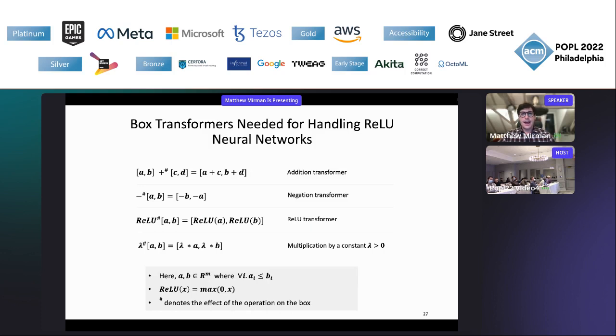Furthermore, it's not a far step to take these and batch them in the way that a neural network does so that we can perform the computation on a GPU. If you're unfamiliar, ReLU of a scalar value is just the max of 0 and that scalar value. And the sharp here denotes the abstract version of the operation.